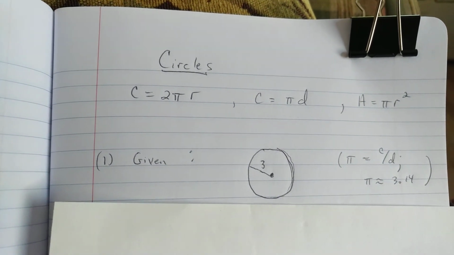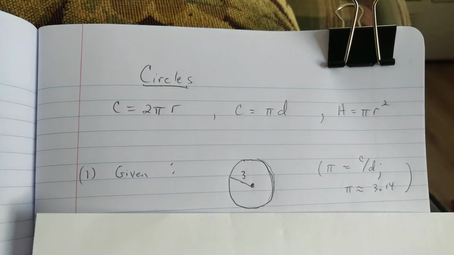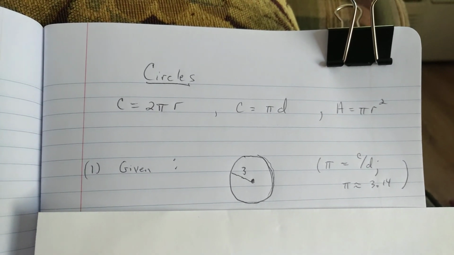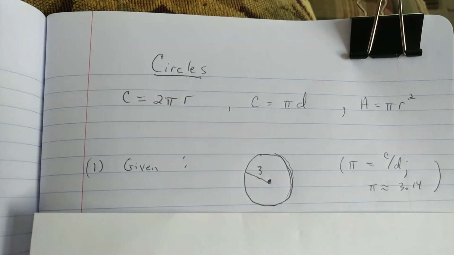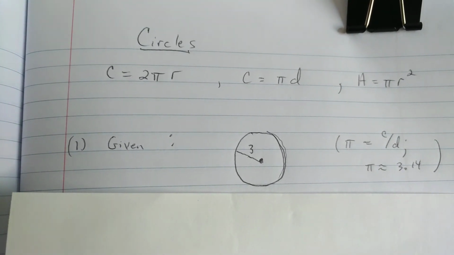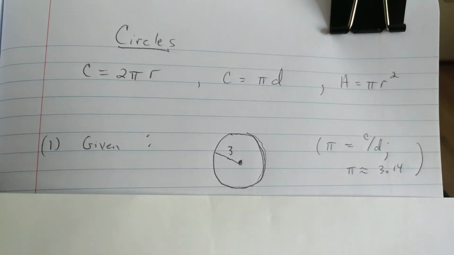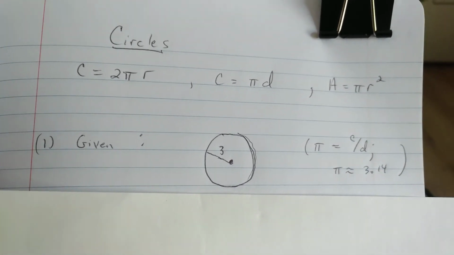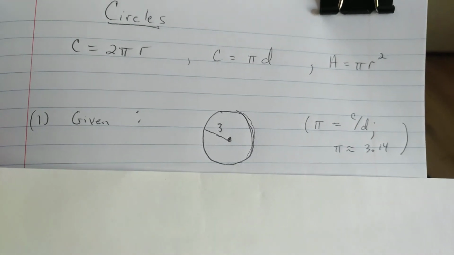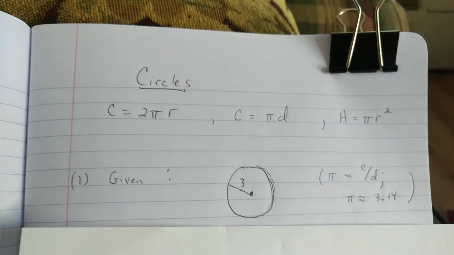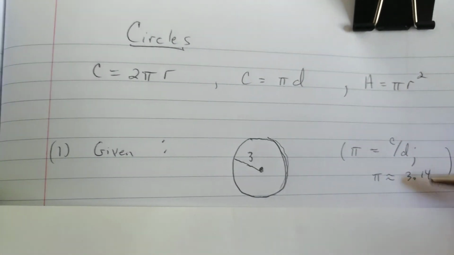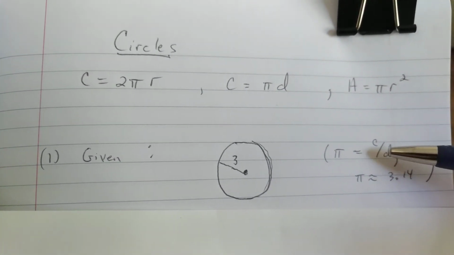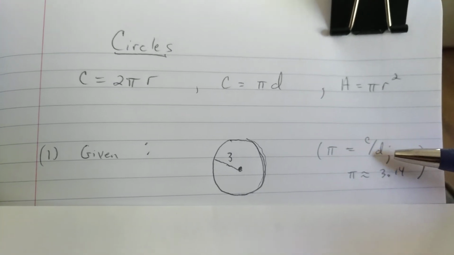All right, to begin with, one of the problems you're going to be asked to do is to take an image of a circle. They may give you the radius, they may give you the diameter, and they're going to ask you to do something with it. They may ask you to find the area, they may ask you to find circumference. Over to the right side, you'll see in this picture that pi, as I indicated earlier, is exactly equal to a circle's circumference divided by its diameter.